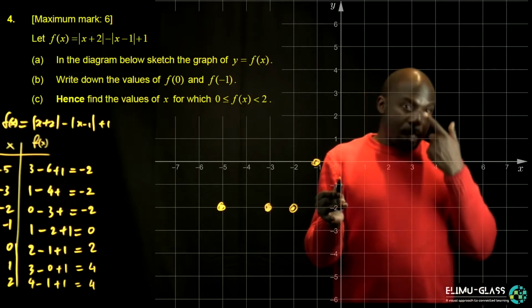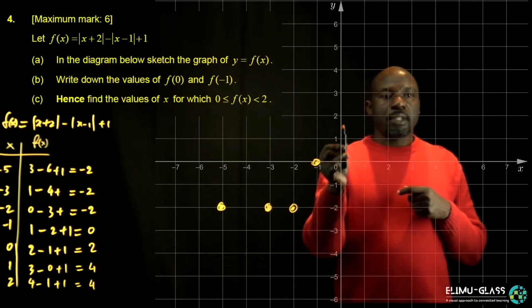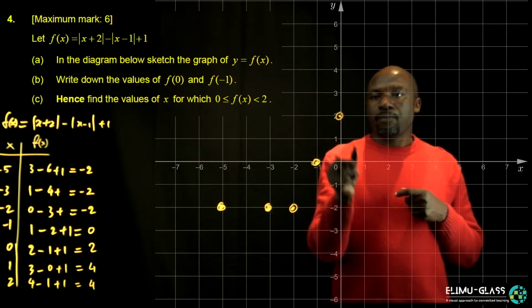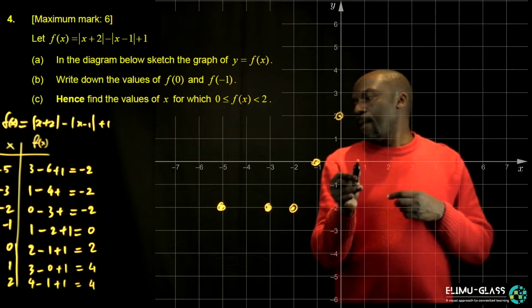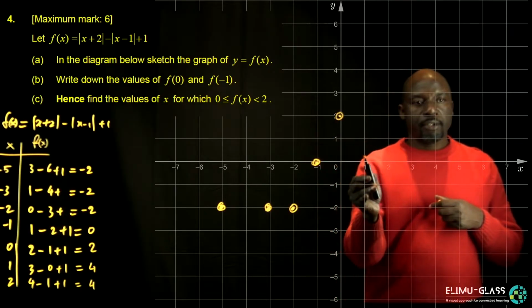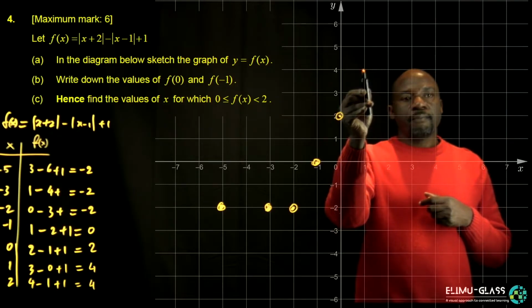At 0 we have 2, right there. At 1 we have 4, which is right there.